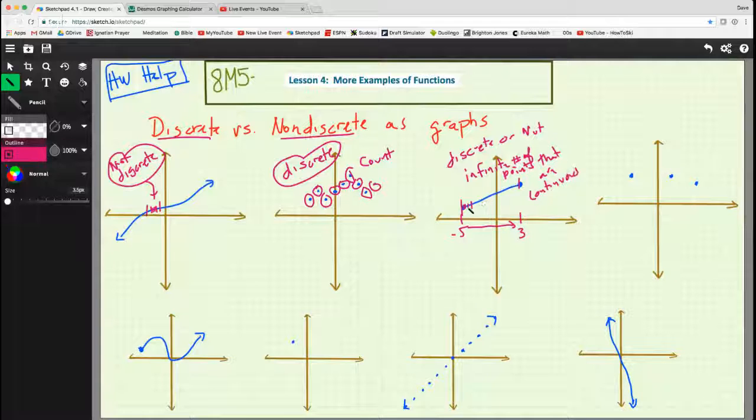Right, so I can't count all my points. I can't give them names because I always have something in between any 2 points I count. I have a nice smooth continuous curve. So this is not discrete. I can't circle a point and say that one's by itself, or that one's by itself, or that one is by itself. I'm always circling more than one. So this one is not discrete.